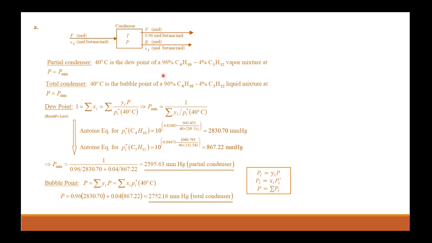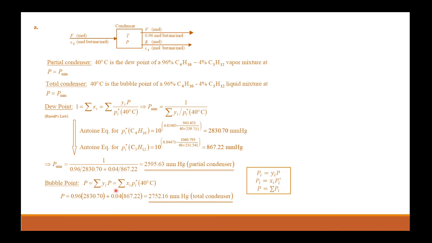Now, since we have the fraction of butane and pentane in liquid phase, we shall use this equation over here. xi is the mole fraction in liquid phase and the vapor pressure is what we found using the Antoine equation.